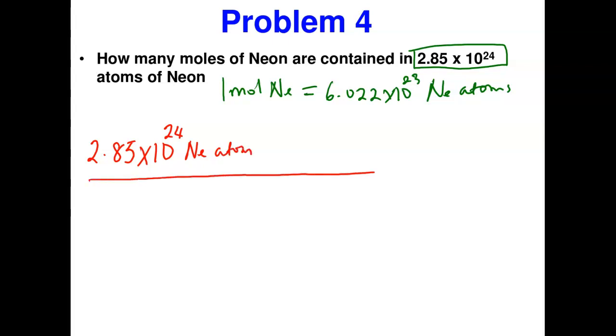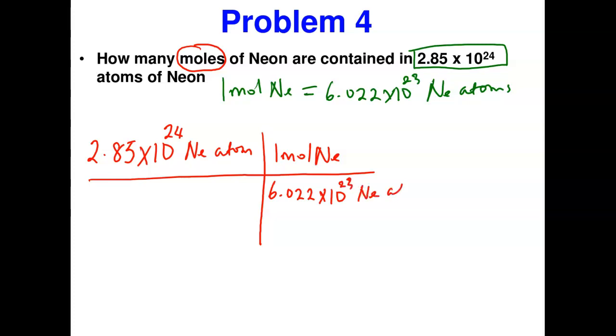Then I'm going to multiply that with my conversion. Now, of course, I want to get it in moles, so my moles is going to be on top. So I'm going to have 1 mole of neon, and then I'm going to have this down: 6.022 times 10 raised to the power 23 neon atoms.